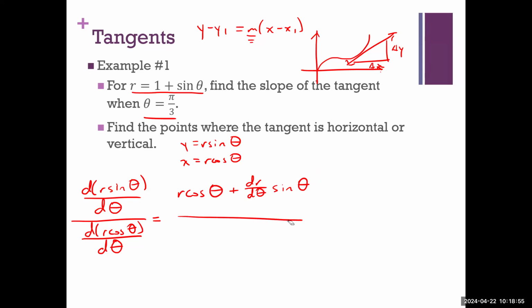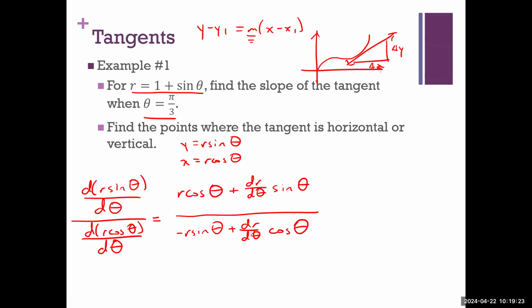What then should the denominator look like? Negative r sine theta plus dr d theta cosine theta. How are we doing with that?